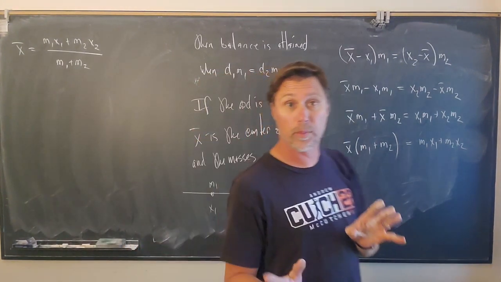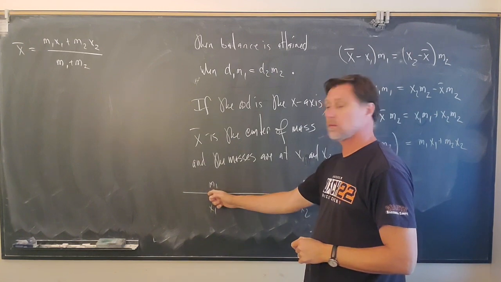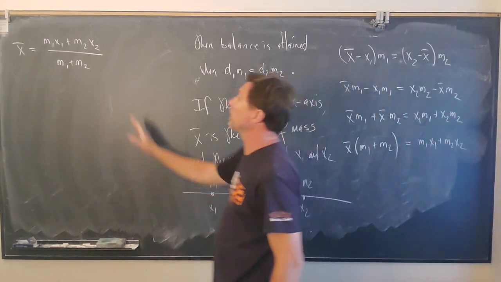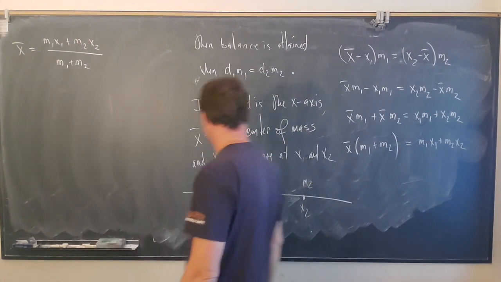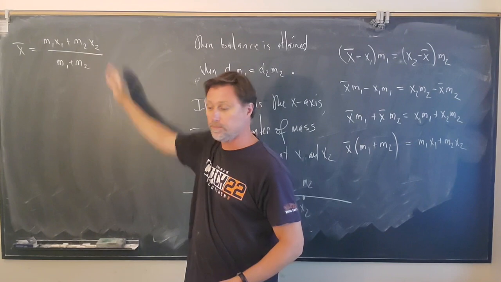So what this formula does for us is it says, if you take your mass 1 and put it at x1, your mass 2 and put it at x2, this formula tells you exactly where to put x bar. It tells you what number x bar is going to be.